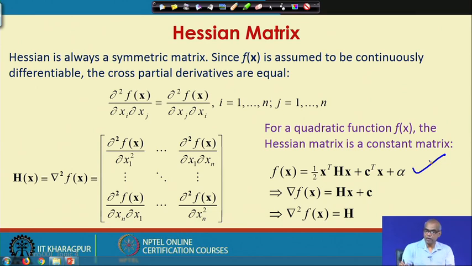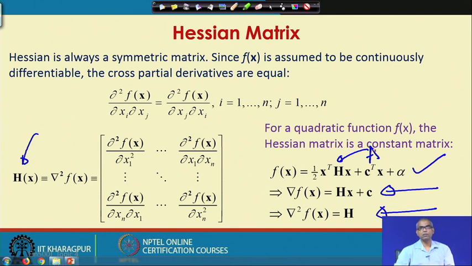First calculate the gradient, which is H x plus c, and then find the Hessian, which becomes H. So, this is a constant matrix. Let us not confuse this H with the earlier one. Let us call this A, a constant coefficient matrix.